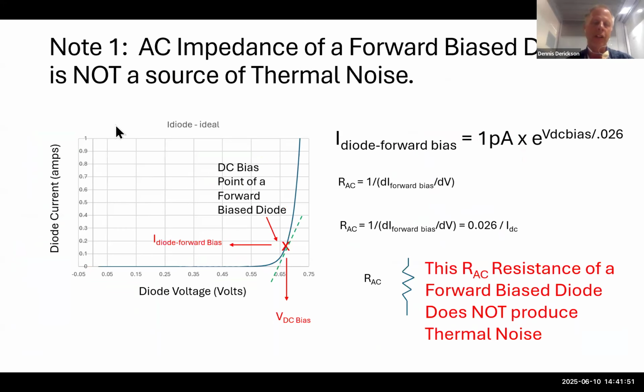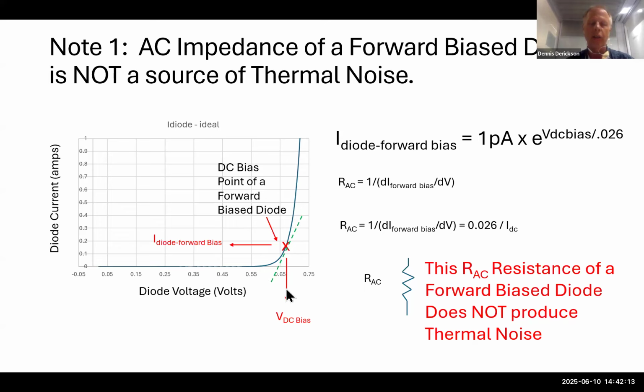I have some side notes right here. I want to talk about this AC impedance calculation that I just did on the previous page. A classic diode has a current on the vertical axis versus a forward voltage on the horizontal axis that looks like this. It's very little current, and then when you get to some threshold, the current takes off like crazy.